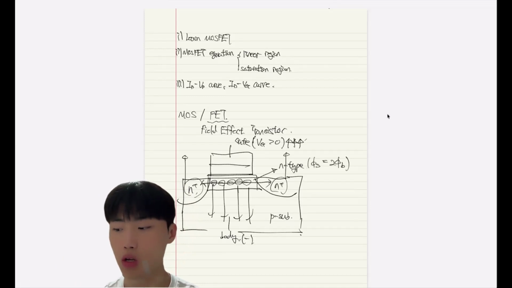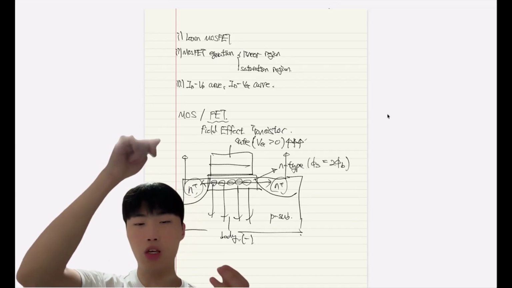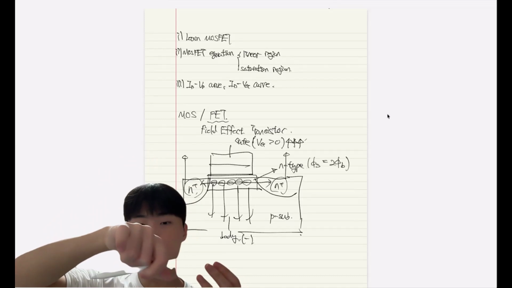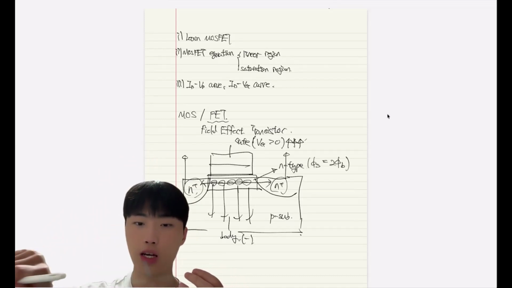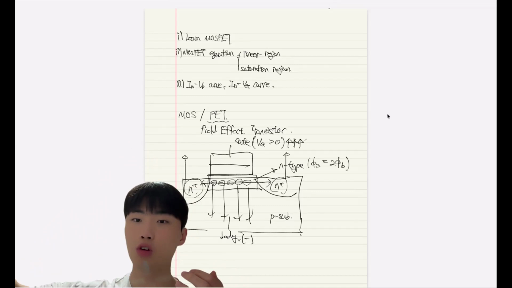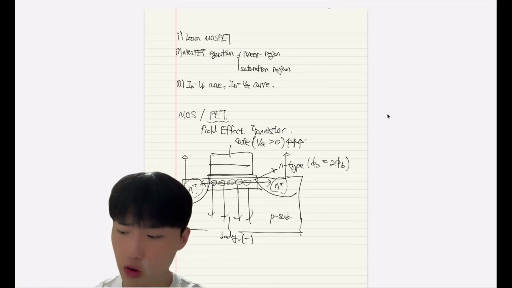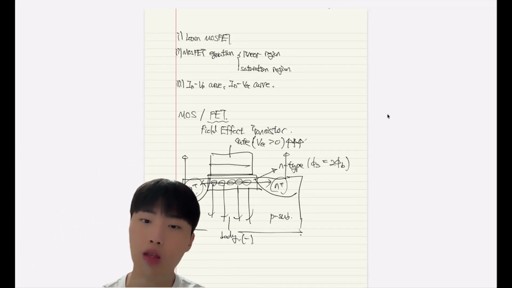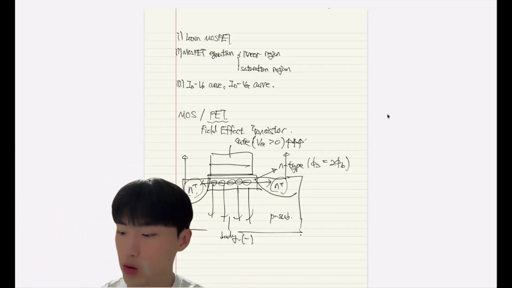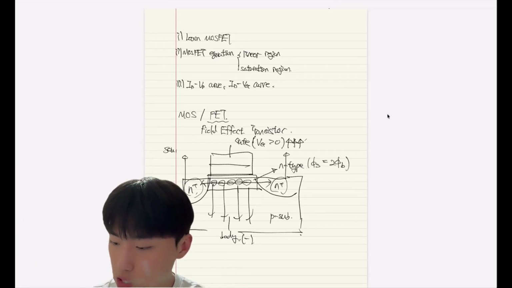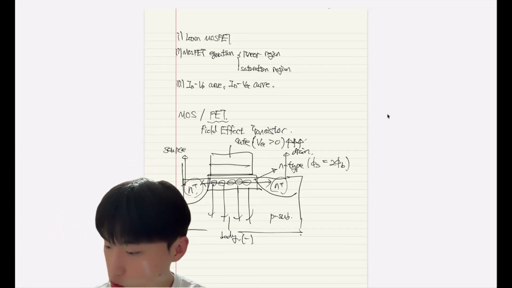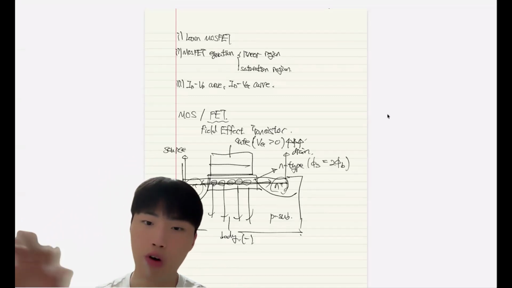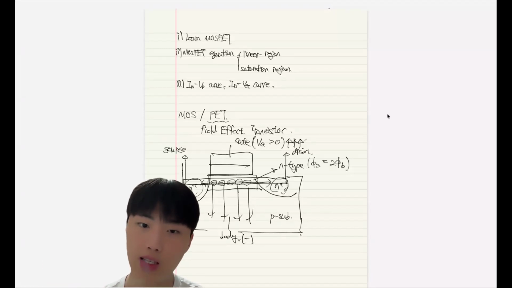When we inject from the source, the carriers go through the channel and go out to the drain. When we use N plus polysilicon, the majority carrier is electrons, and with this part as source and this part as drain, the electrons go from left to right.